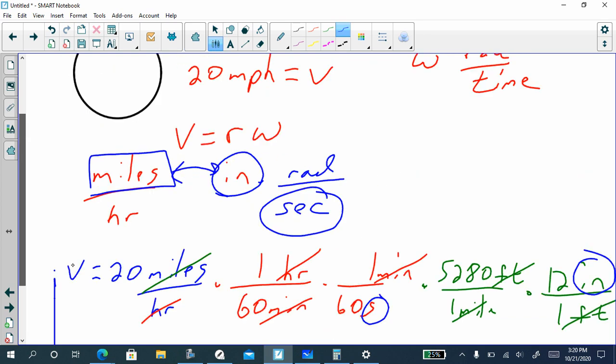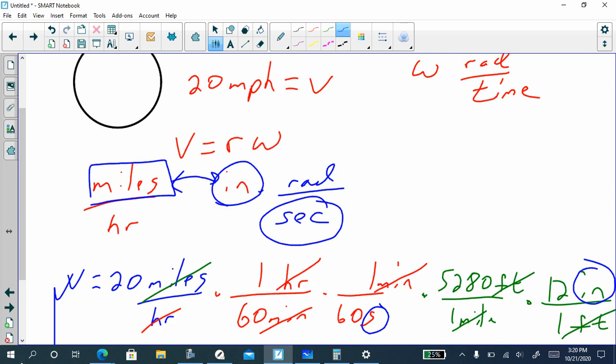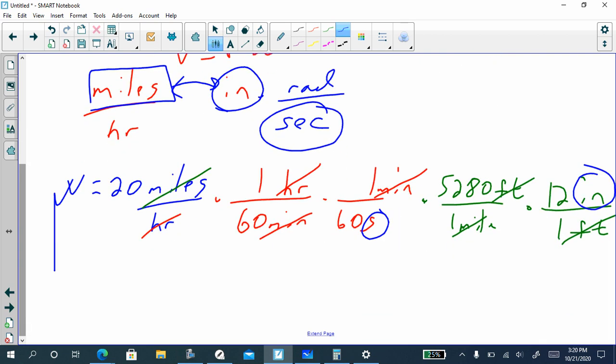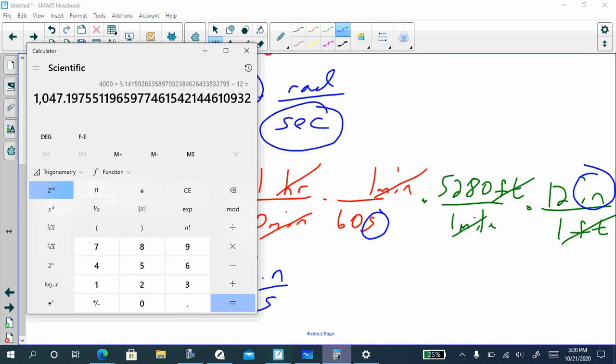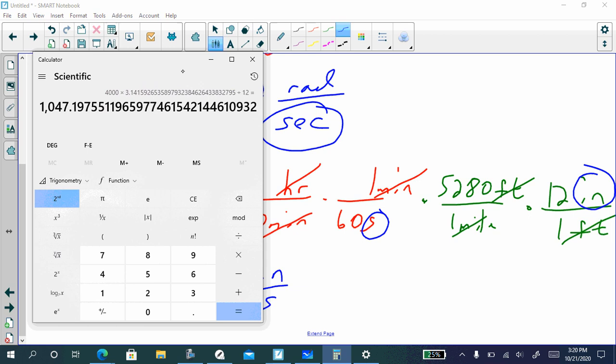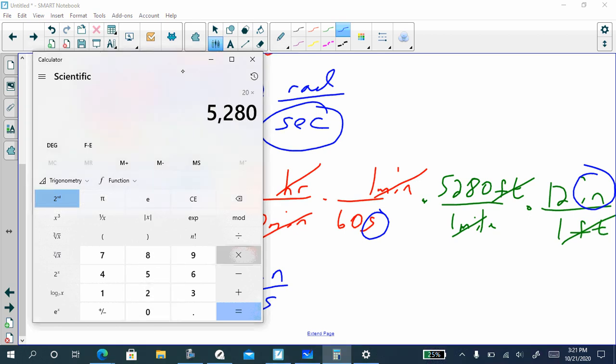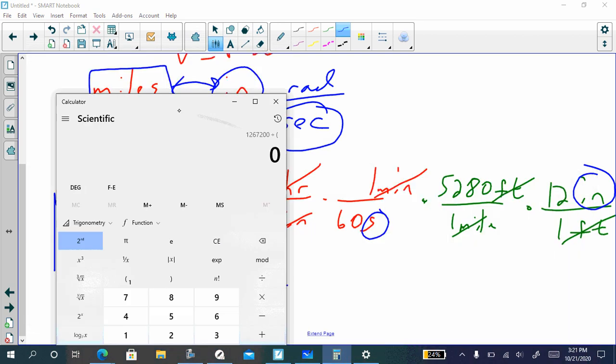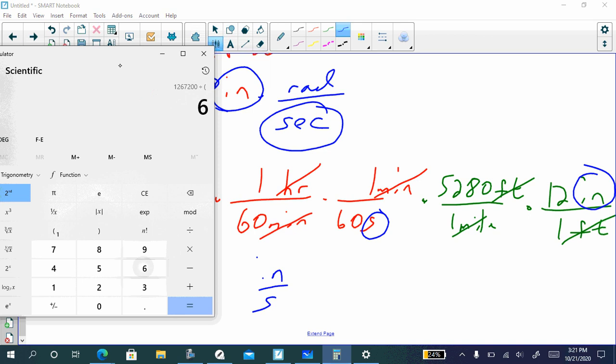So if our velocity is 20 miles per hour, then let's see what that's going to be in inches per second. So we have on top 20 times 5,280 times 12. And then we're dividing by the result, so parentheses, 60 times 60, close parentheses, or divide by 3,600.